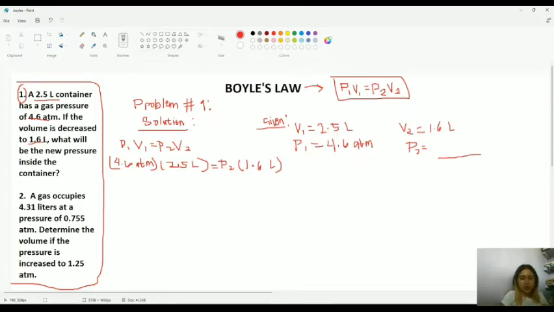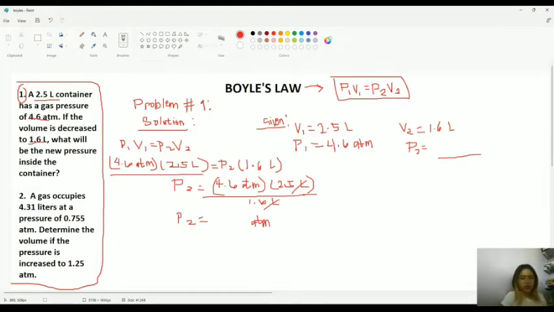So, ayan. Ang pagsusolve yan is yung P2, ilalagay natin dito. Ito yung magiging numerator natin. So, ayan. Cancel out natin yung units. Then, matitira ito si atmosphere. Lagay lang natin dito. Final pressure, the unit is atmosphere.